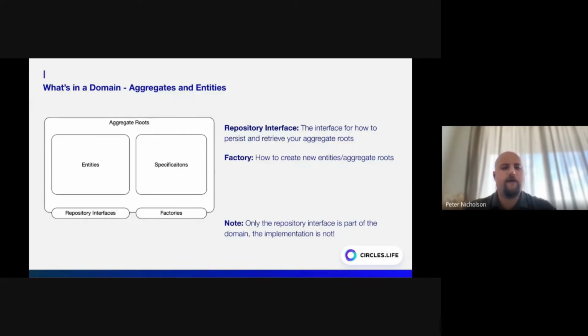That interface is part of your domain, but the implementation is not. Because how that happens, if you have to query Mongo, if you have to query MySQL, if you have to go to S3 and pull a file, is not important business logic to our domain. But how you locate those objects, what parameters you use, are.